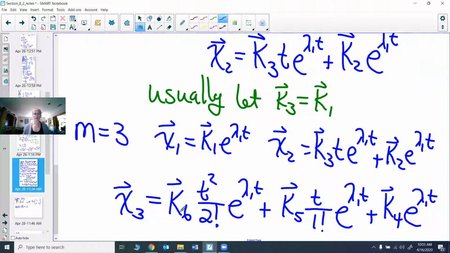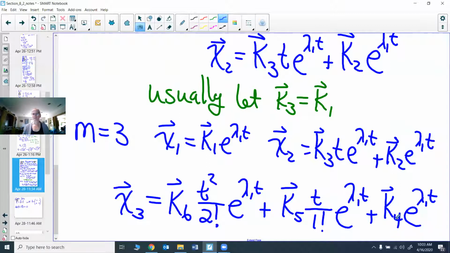But now you'd also have another whole set. Notice you had a t to the first power here. Now you'd have a t to the second power if you have multiplicity 3, over 2 factorial, with a different eigenvector altogether. And then you'd have a different eigenvector, t to the first power over 1 factorial e to the lambda 1 t, plus a k4, a totally different eigenvector, e to the lambda 1 t.